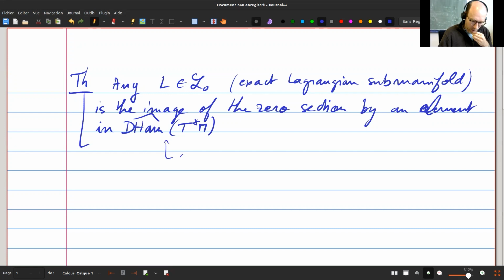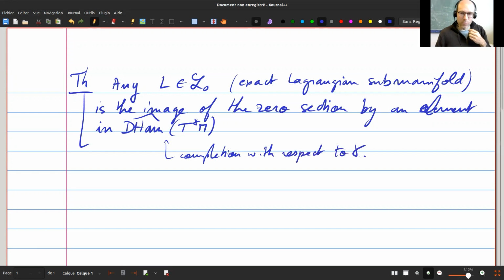So this thing is the completion with respect to the metric gamma that we saw.